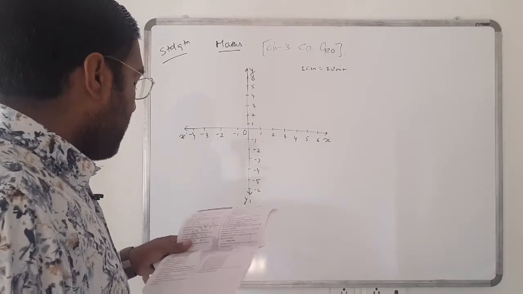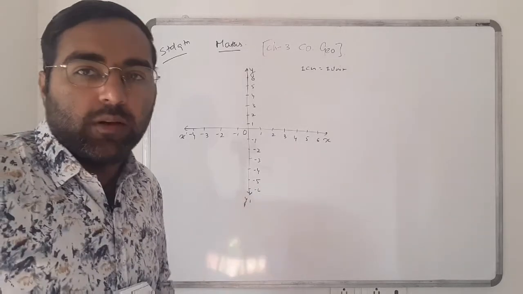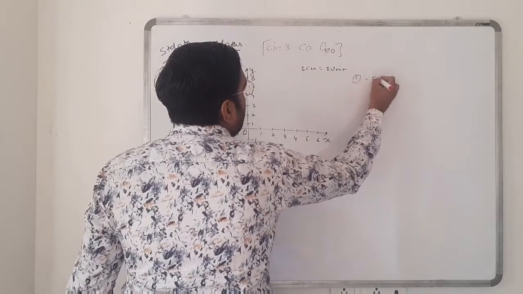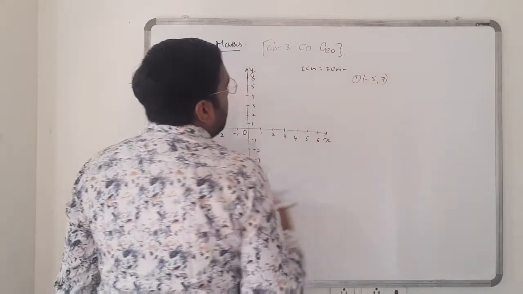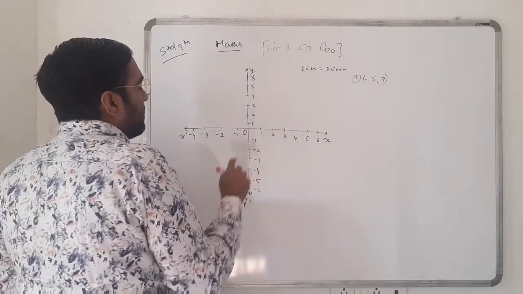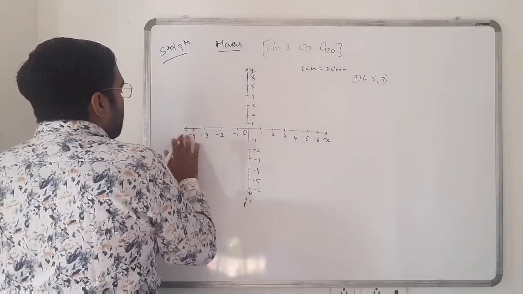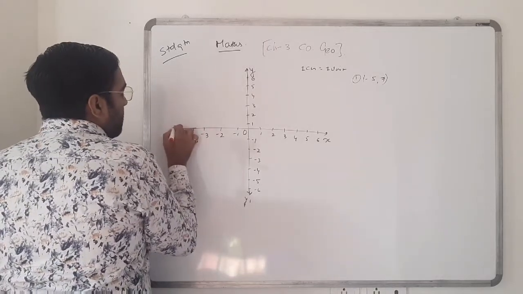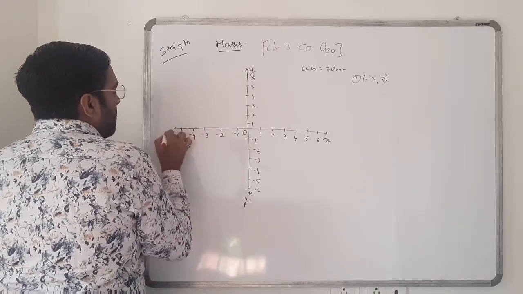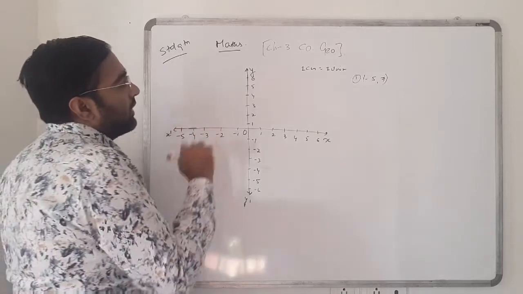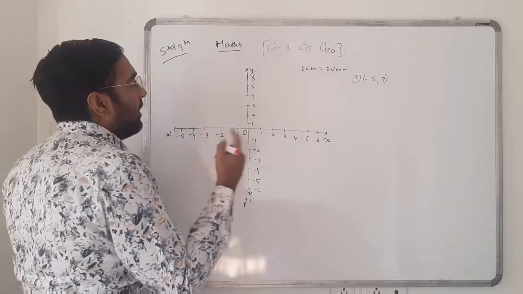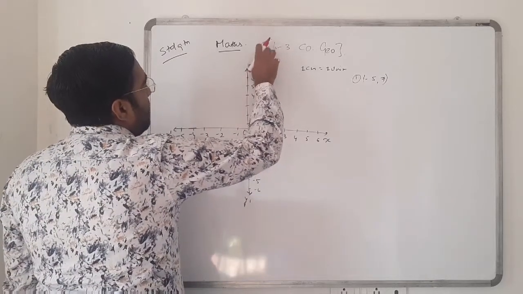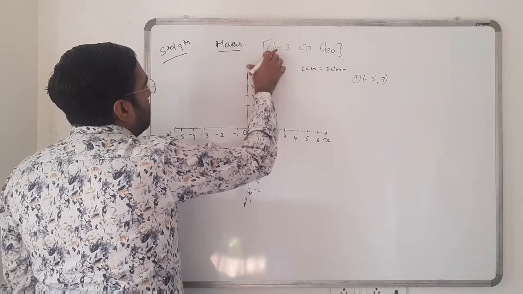First is minus 5 comma 7. In the x-axis we are taking minus 5, so I'll extend this axis. In the x-axis that is minus 5, and in the y-axis it should be 7, so I'll also extend from this side.